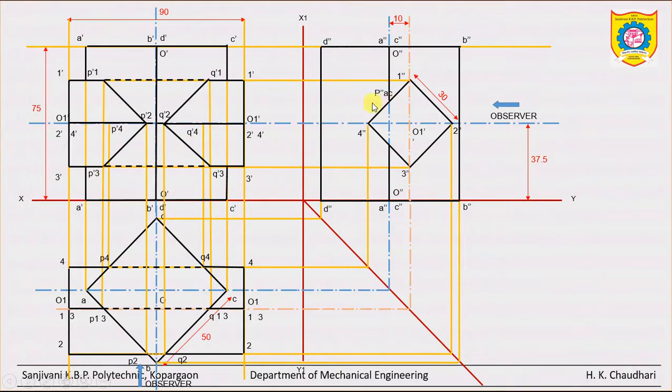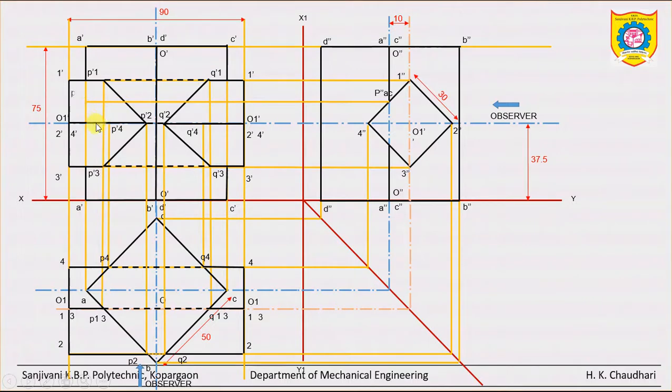And now come to here, this point is P double dash A as well as C, because it is the common edge. C is also there. So locate the points in the front view by taking projection in this way. So this horizontal line is for PA and PC. Just identify the vertical projection from edge A and the respective intersection.